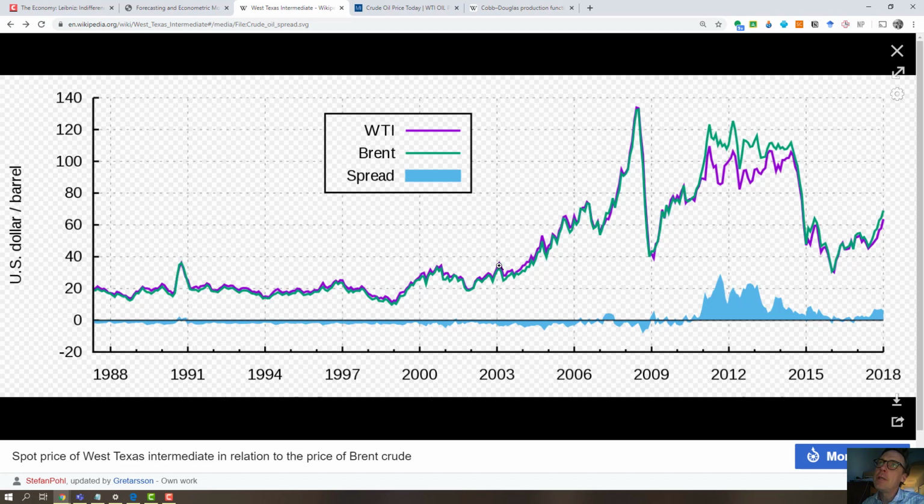And generally speaking, it's a little pessimistic about oil prices, but it follows very closely the Brent price. So we might say in our equation that WTI varies directly with the Brent oil price. Well, yeah, that's what we might say.